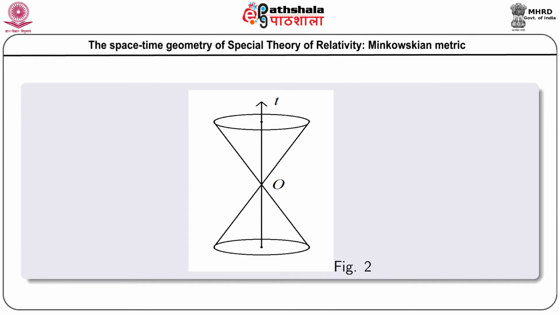So, this is the figure: at O the observer is sitting, and above O, that means the upper part of that cone, is called the future cone or future null cone, and the lower part is called the past null cone.